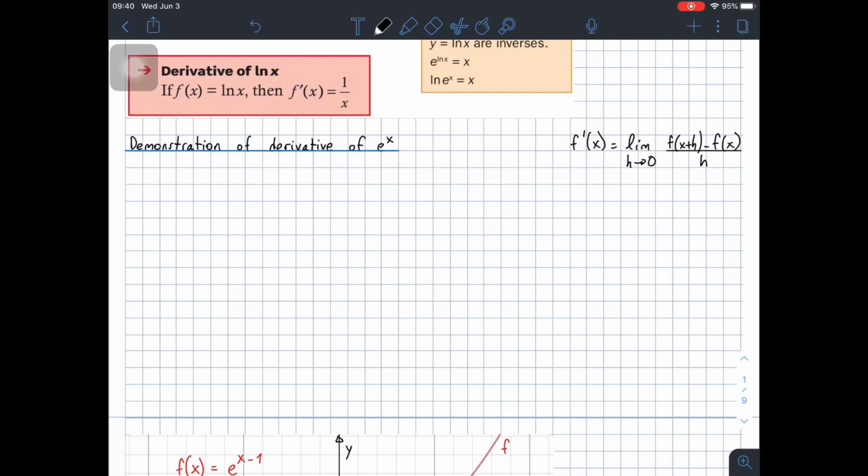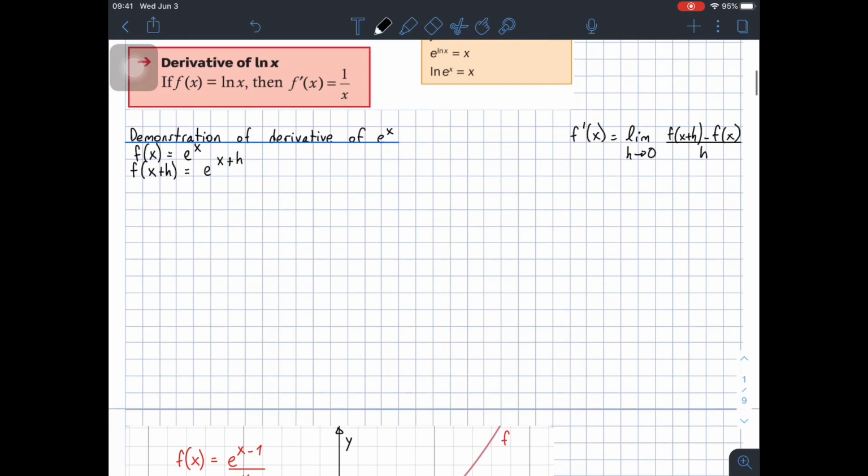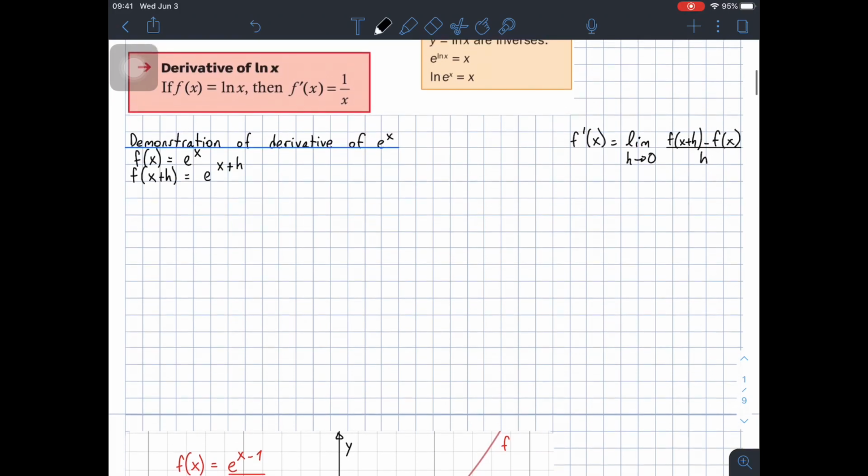So we're going to try to find the derivative of this function by using that definition. So first of all, we're going to define f of x, our function, which is e to the power of x in this case. And we're going to define f of x plus h, which would be e to the power of x plus h, right?